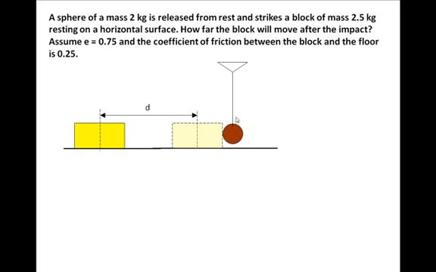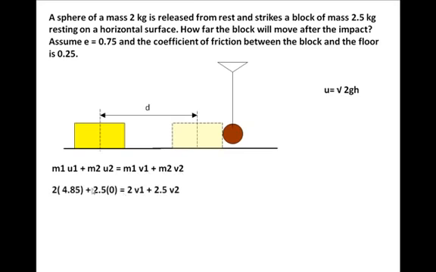When this pendulum hits this body, they have a direct impact, and we can use our momentum equation m1 u1 plus m2 u2 equals m1 v1 plus m2 v2.